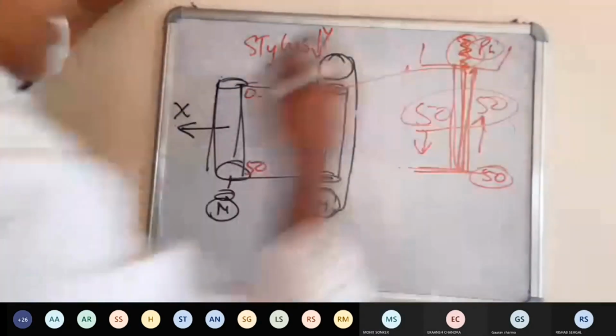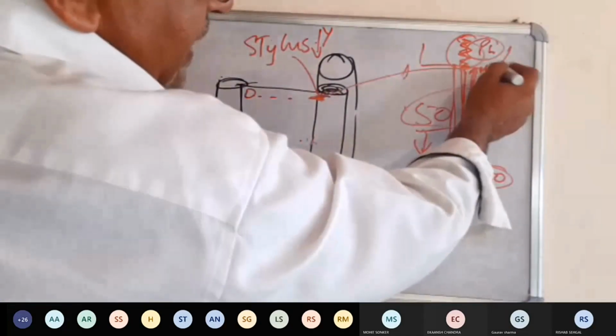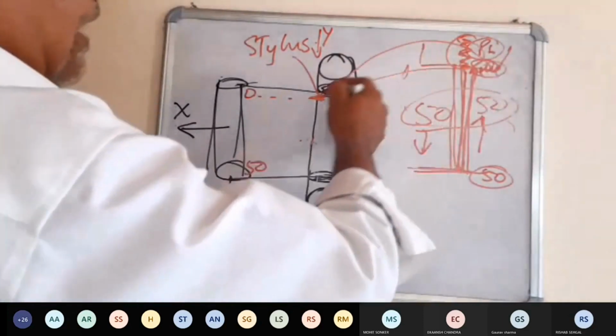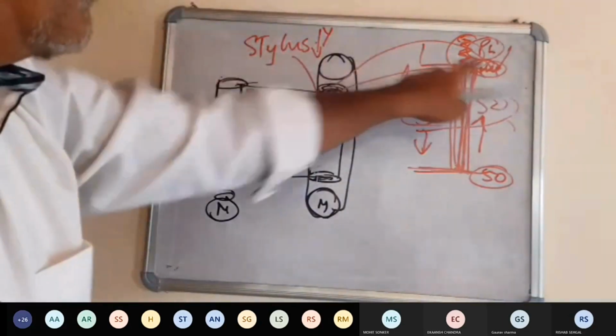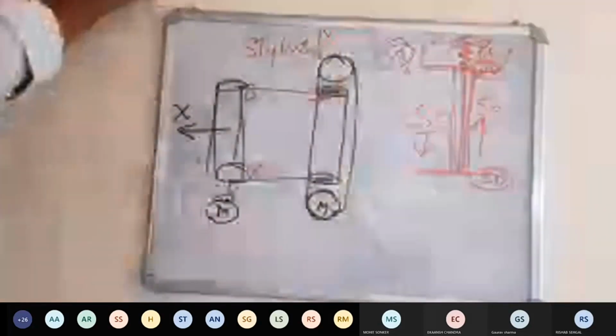Total is 100 meters. When this signal is received here, it is given to the stylus after amplification.